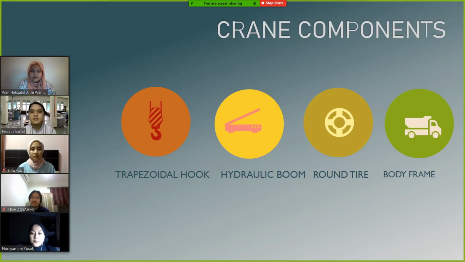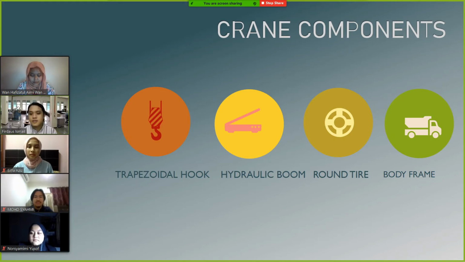For the next part, the crane components, we shall now firstly see the crane hook. After careful consideration and stress analysis, we've chosen the trapezoidal hook as our main hook, where it ticks off all the criteria that we want for our hook. As for the boom, we've chosen the hydraulic boom, a very efficient and well-known boom that's been used in a lot of companies nowadays.